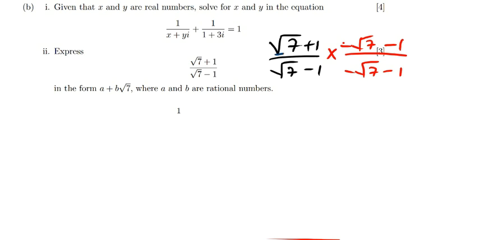So I'll say the square root of 7 times negative the square root of 7. The square root and square root will cancel, so I'll end up having negative 7.